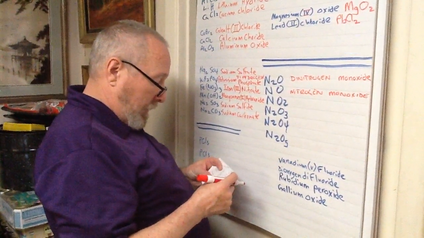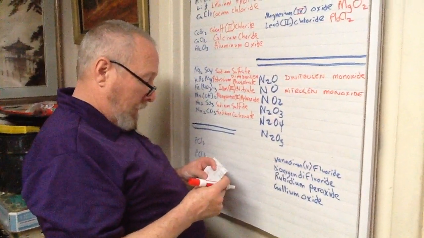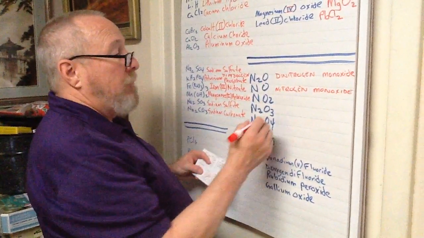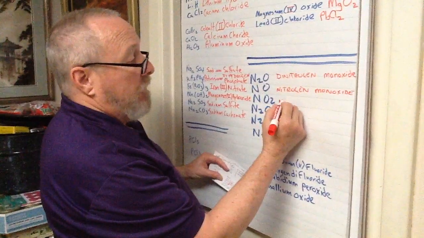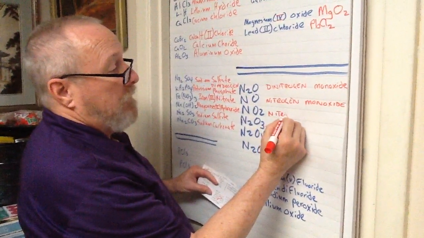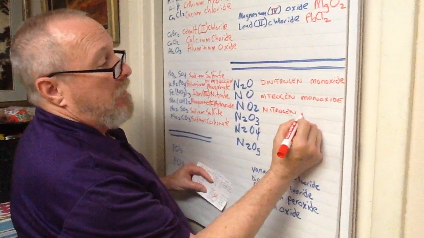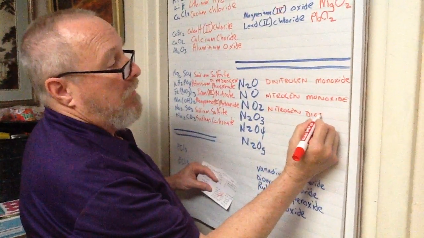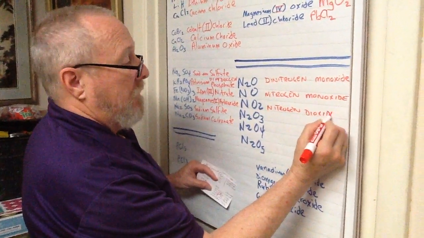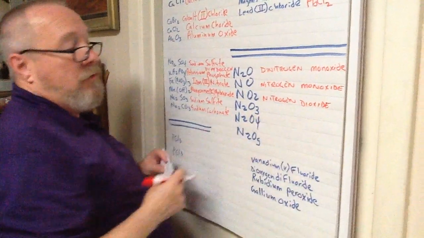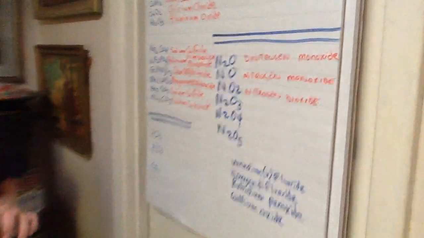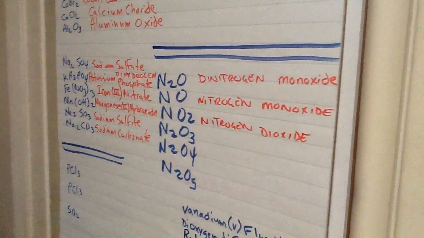The next one is nitrogen dioxide, definitely an environmental pollutant. Nitrogen dioxide. Okay, this is why we have catalytic converters.